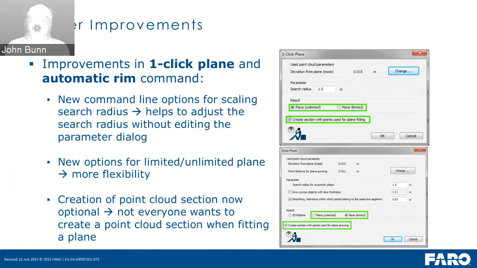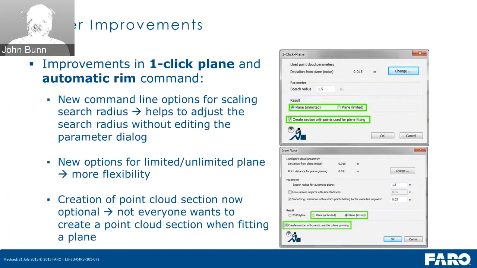So you don't have to go into the parameters dialog box and actually change that search radius value. It's very similar to Microsoft Word, where you can just click a button to increase or decrease the text size. So it just avoids you having to go into that parameter dialog box, change the value, and then go back, and do that multiple times till you get the right radius.